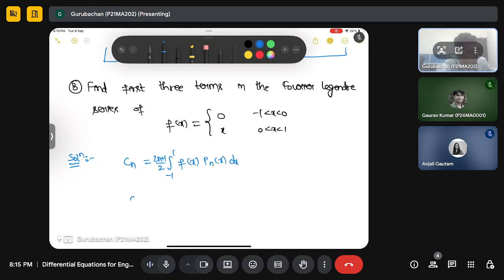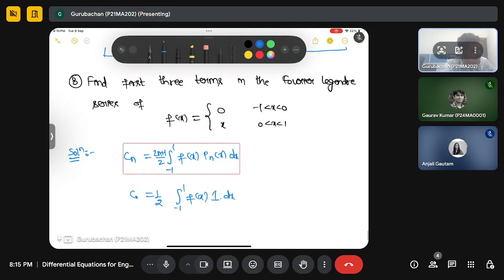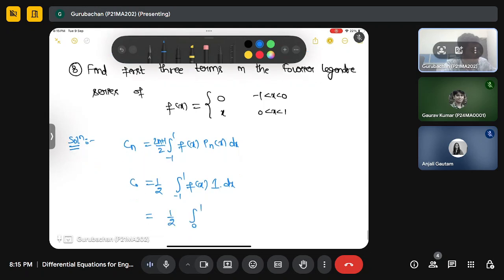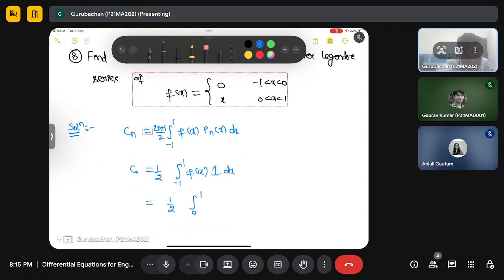So C naught is 1 by 2 integral from minus 1 to 1 of f(x) into 1 dx. This can be written as 1 by 2, since from minus 1 to 0 the function is 0. This will be the integration of x dx. This will give you x square by 2, from 0 to 1, and 1 by 2 is out there. So there is 1 by 4.